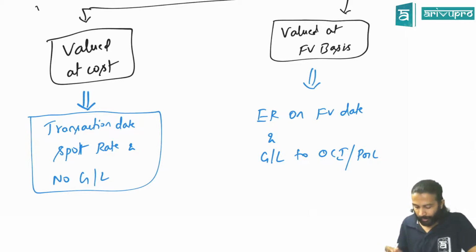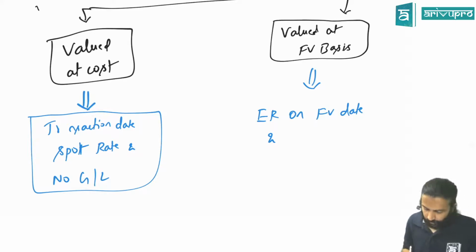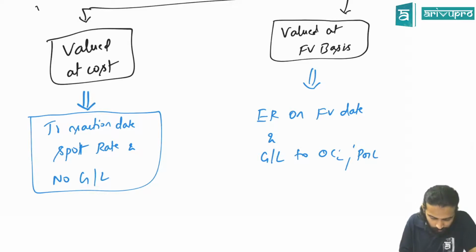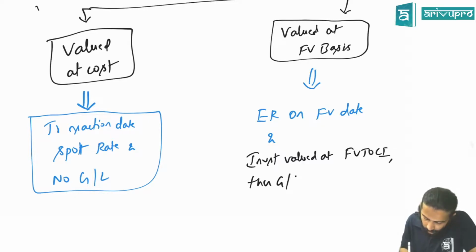Else, I'll write P&L. If investment is valued at P&L, that gain or loss will go to P&L.